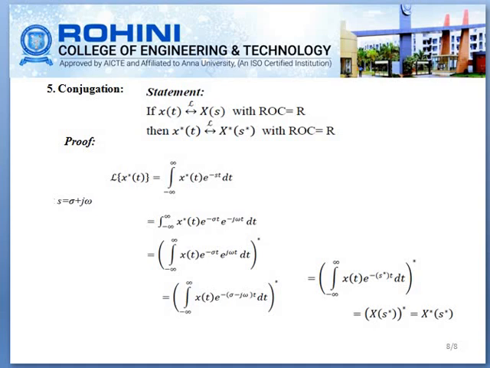Here s is equal to sigma plus j omega, that is equal to integral minus infinity to infinity x conjugate of t e power minus sigma t e power minus j omega t into dt.